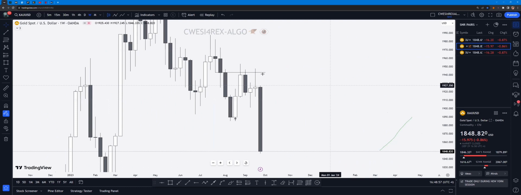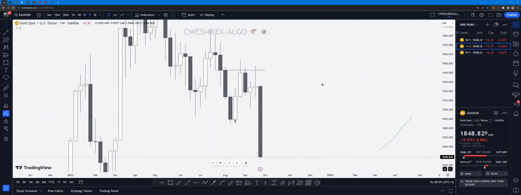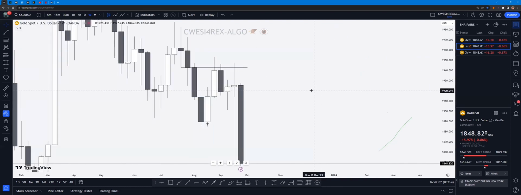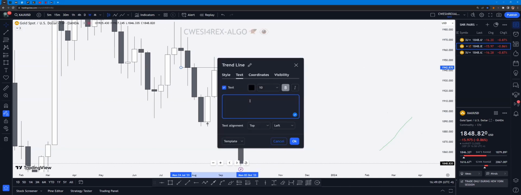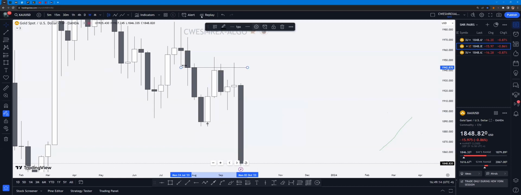So let me break down this trade for you guys. This is the weekly. We have weekly rejecting weekly, so we need a daily breakout.